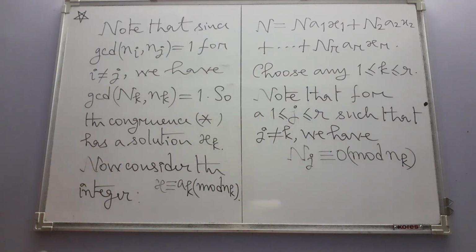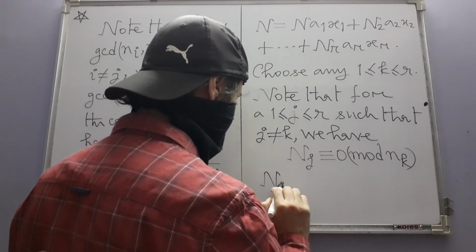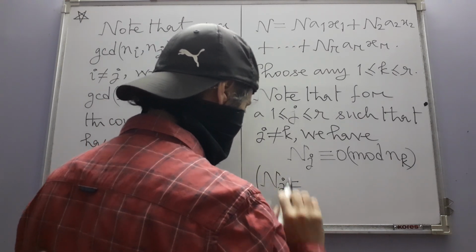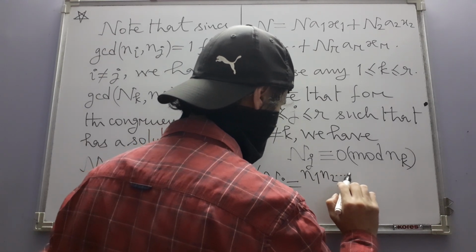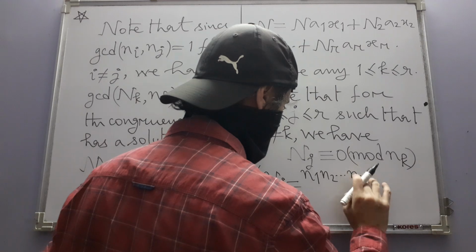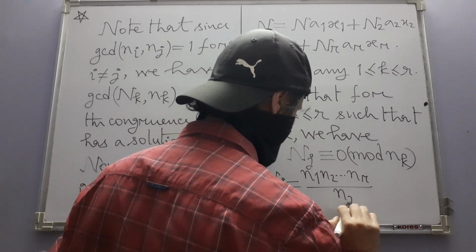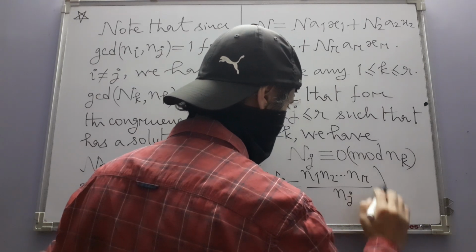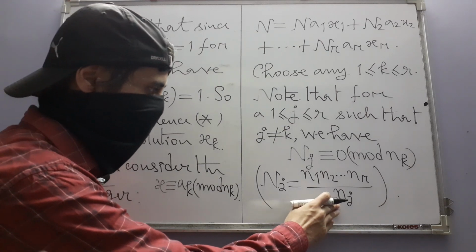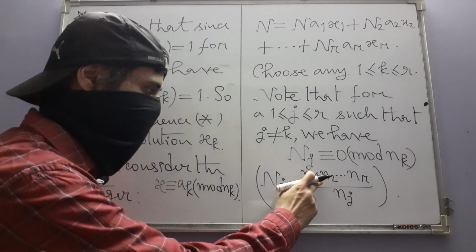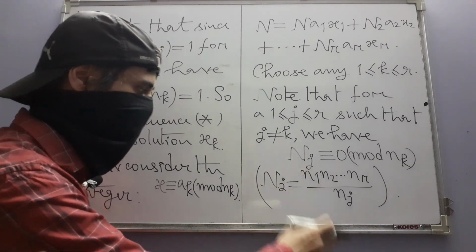Why? Well, that's because what is Nj? Nj is the product of all these ni's divided by nj. Because j is not equal to k, even after dividing, you still have nk here, and so your Nj is divisible by nk.